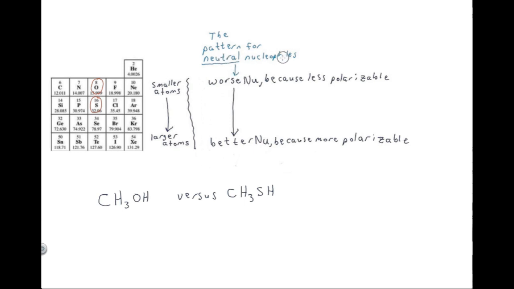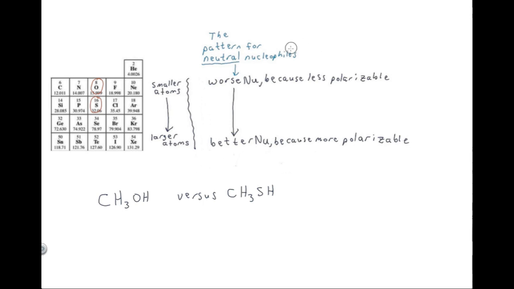To repeat, for neutral nucleophiles, larger atoms further down in the periodic table are better nucleophiles, and smaller atoms further up in the periodic table are worse nucleophiles. Notice that this is specifically the pattern for neutral nucleophiles. That's what we're dealing with here, a neutral oxygen and a neutral sulfur.